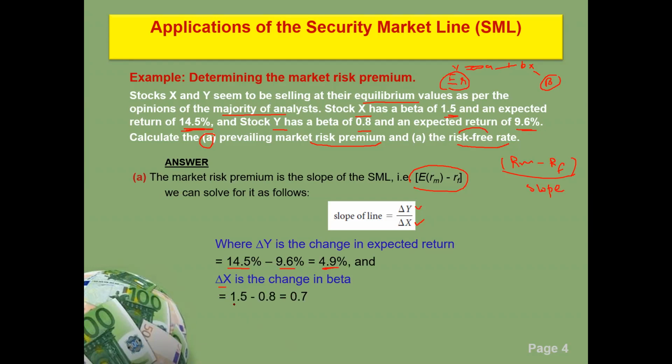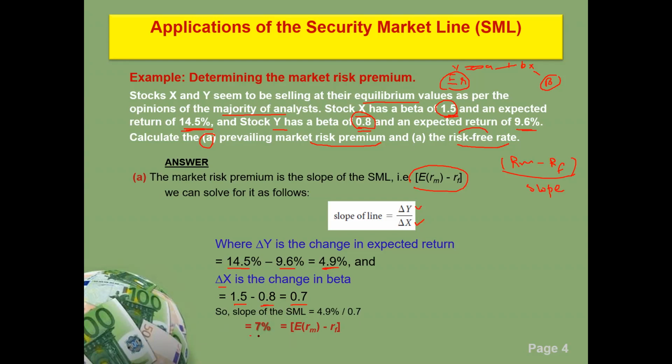We have a beta of 1.5 for the first stock and 0.8 for the second stock. So first stock beta minus second stock beta gives the change in beta.